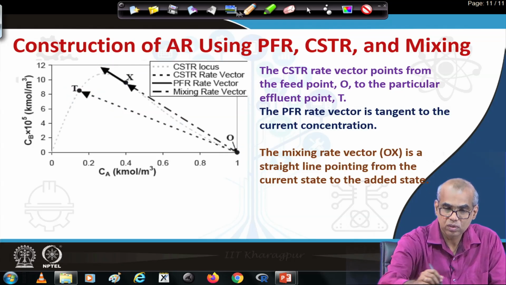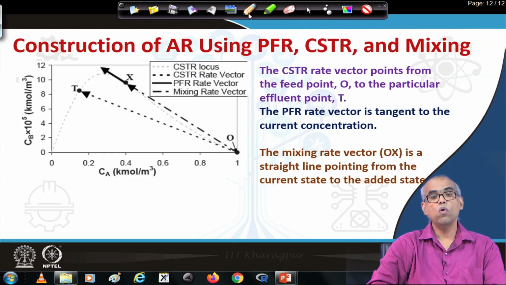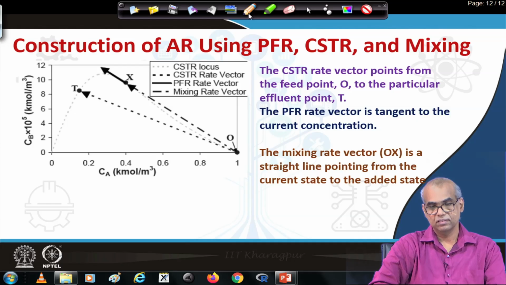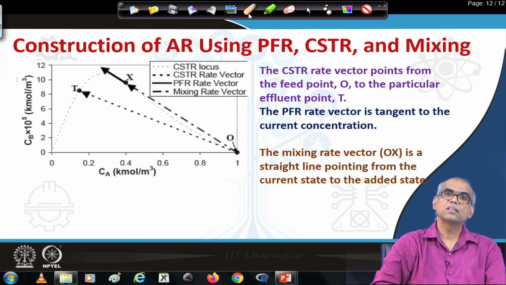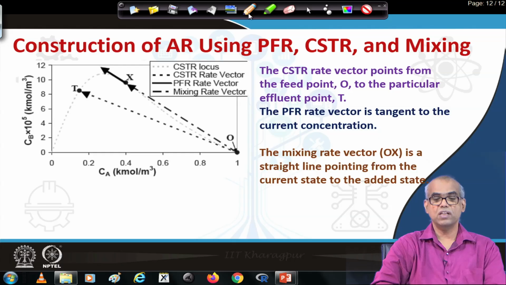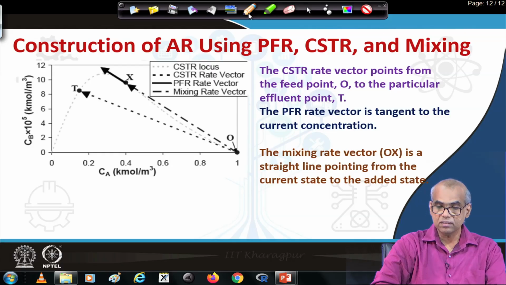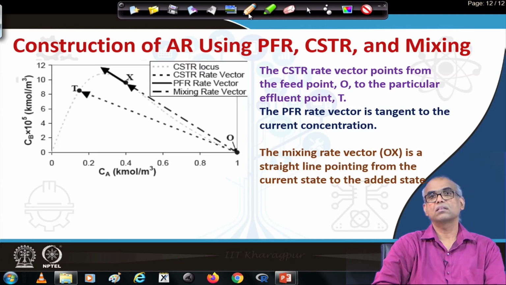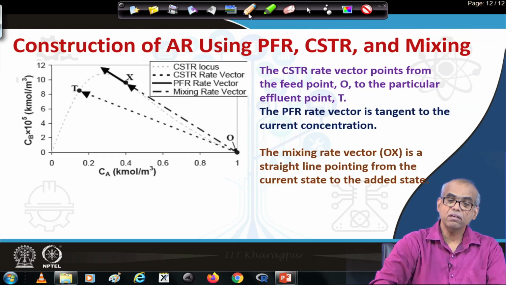So, the mixing vector OX expands the CSTR trajectory or CSTR locus. The mixing vector OX represents a straight line pointing from the current state to the added state. So, from O to X, the straight line arc represents the mixing rate vector.